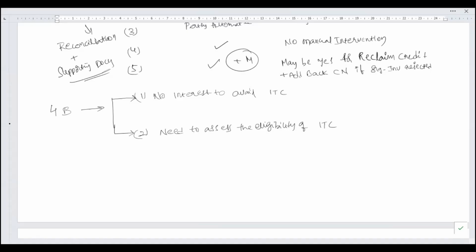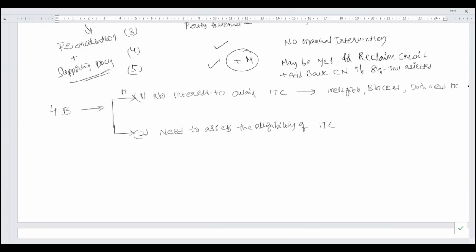So the government said that you don't have an interest to avail ITC. Why you don't have interest? So this is ineligible or it is block credit or I don't want to avail. I don't want to claim input tax credit. Any of these reasons, I will do the data entry in 4B1.